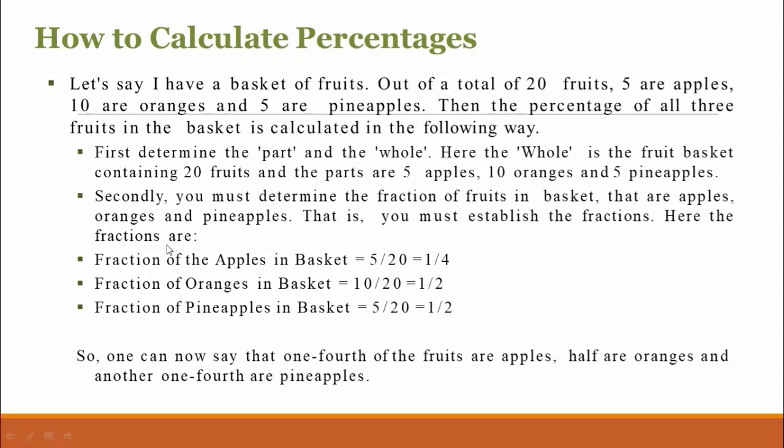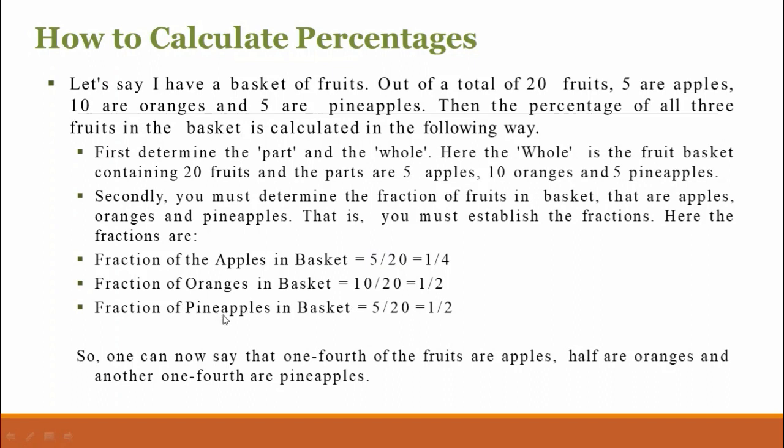Here the fraction for apple is 5 by 20. 5 is the part of apple and 20 is the whole total. So the fraction for apples is 5 by 20, meaning 1 over 4, which is the simplest form of this ratio. And 10 by 20 is the fraction for orange, which after simplification is 1 over 2.